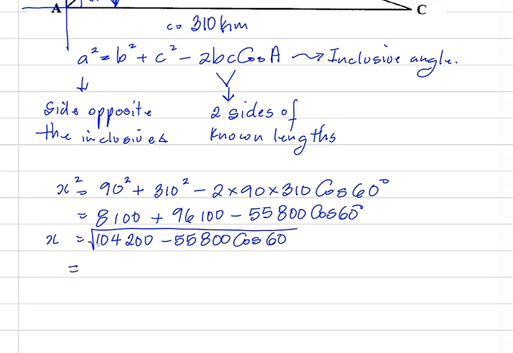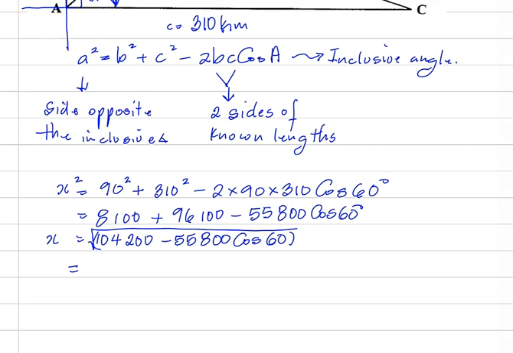All right, put that in the calculator. We're going to get the square root of, open bracket, 104,200 minus 55,800 cosine of 60 degrees, close bracket. Getting some weird answer here.